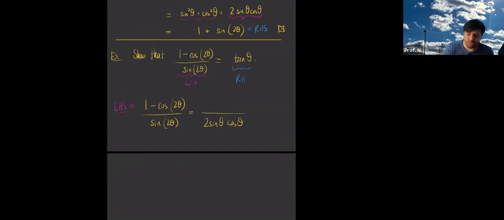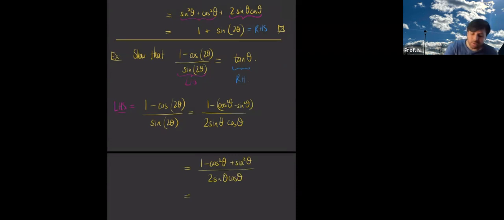So, for example, if I choose the version 1 minus (cosine squared theta minus sine squared theta), it may give me a way to get to the answer, or it may not. So let's check. What happens if I do that? I distribute, I get 1 minus cosine squared theta plus sine squared theta all over 2 sine theta cosine theta.